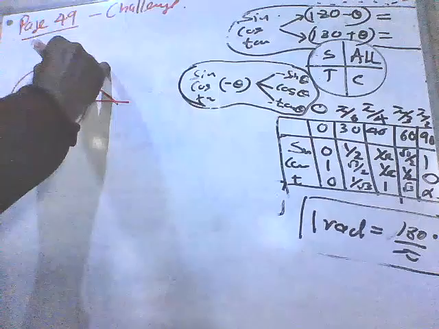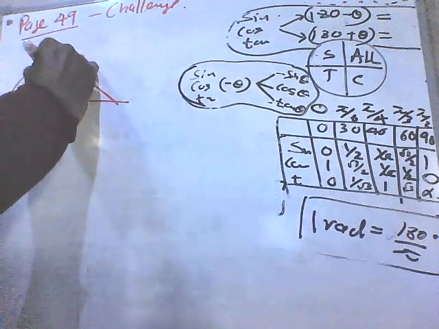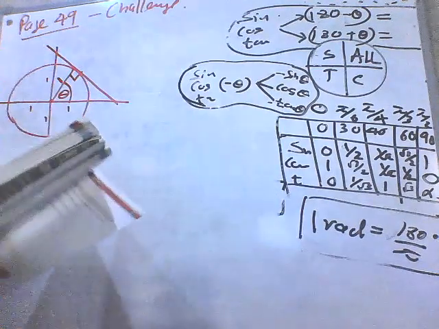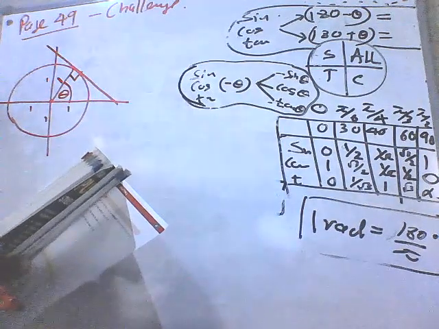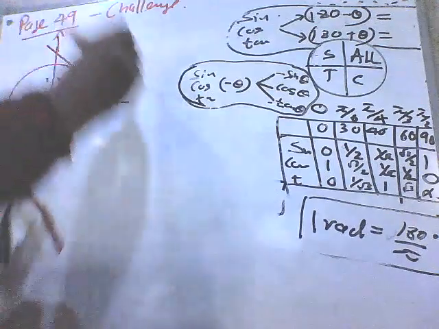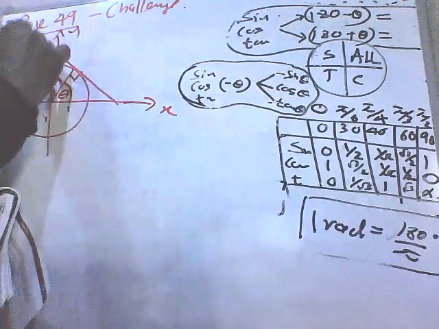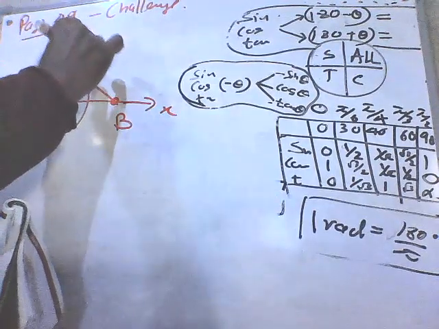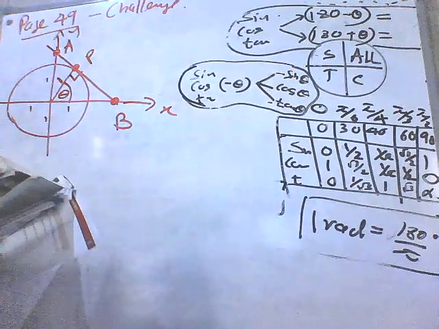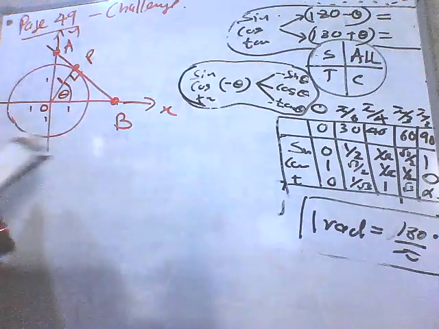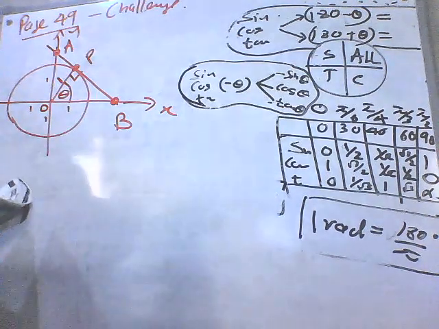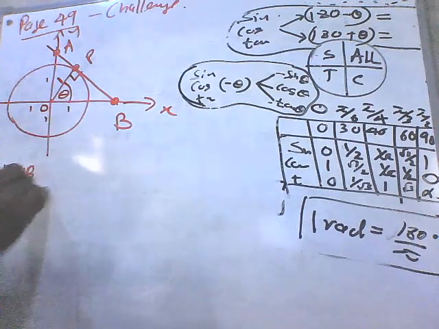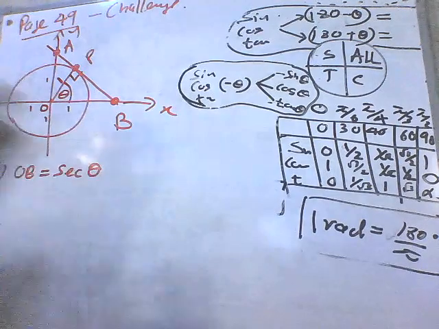So tangent means this is going to be 90 degrees, this is going to be 1, and this is going to be theta. That is what they have given. This is X, this is Y, this point is A, this point is B, and this point is P, and our origin O. So what we have to show is part A: OB is equal to sec theta.